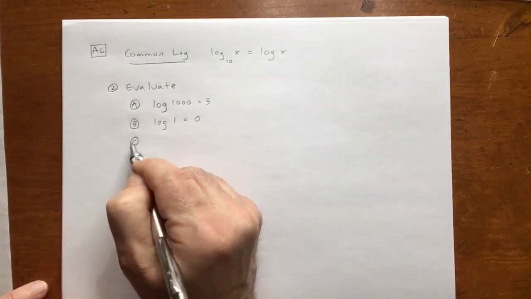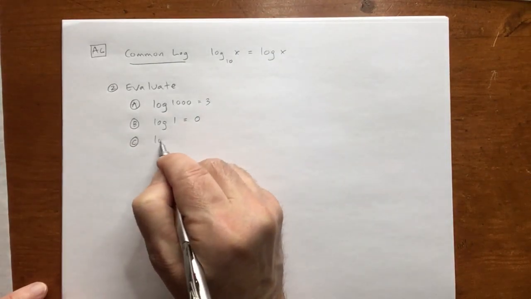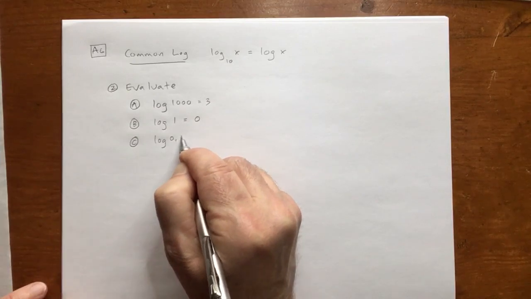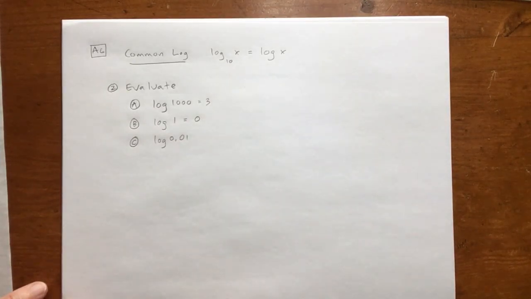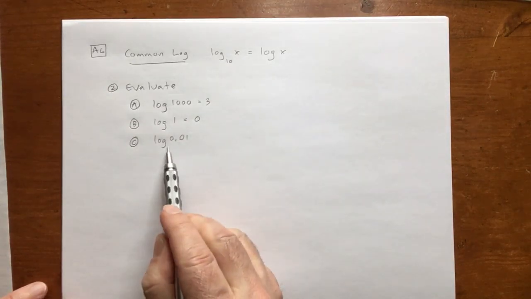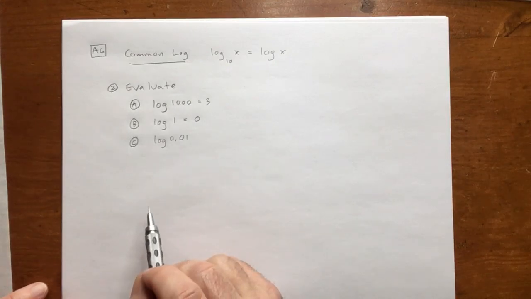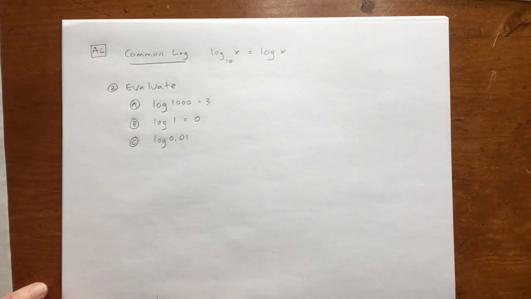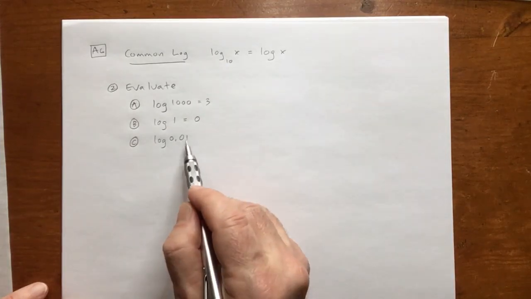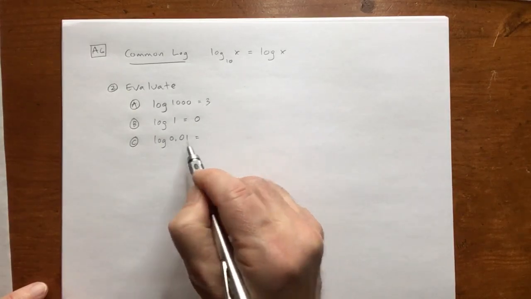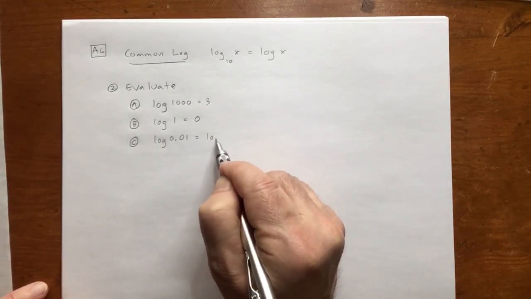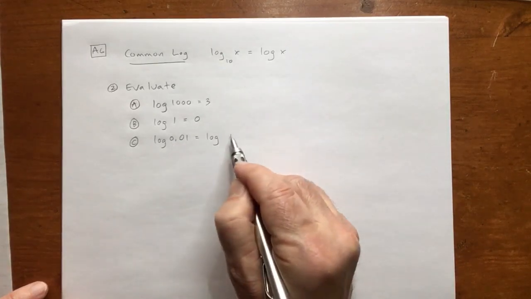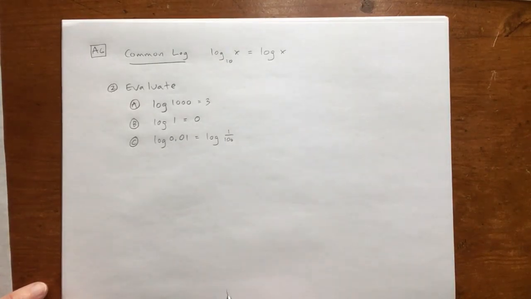Okay, let's try another one. Log of 0.01. Once again, identify that this is a common log. This is not so nice to look at, but I'm hoping that you understand that this is the hundredths decimal place, and so this is equivalent to log of 1 over 100.